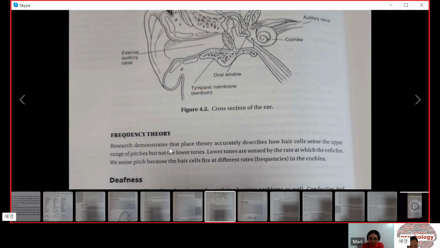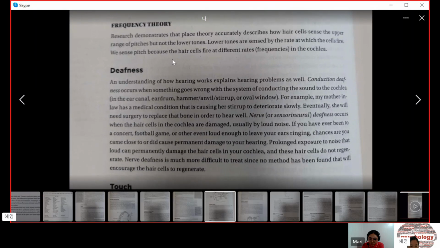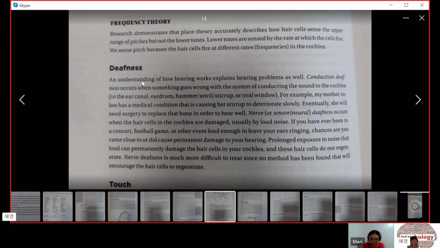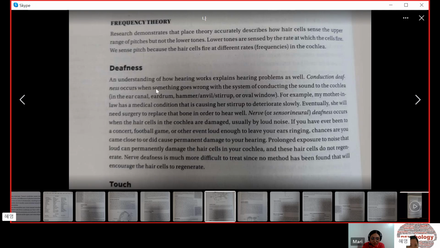And the deafness. So understanding of how hearing works explains hearing problems as well. Conduction deafness occurs when something goes wrong with the system of conducting the sound to the cochlea: the ear canal, eardrum, hammer, and so on.